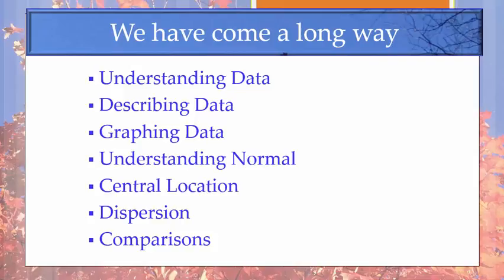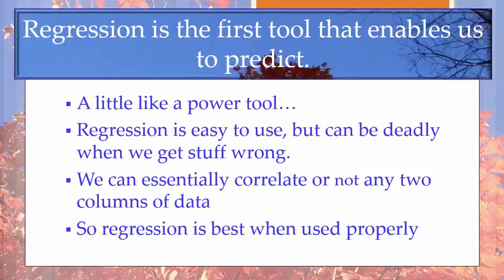It's the first model that we have that actually enables some sort of forecasting or prediction about what a couple of things together may cause to happen in the future. Regression really is the first tool that we have learned that enables us to predict.